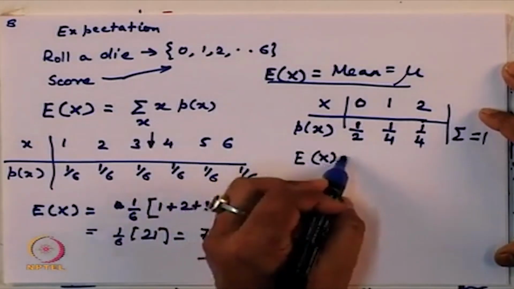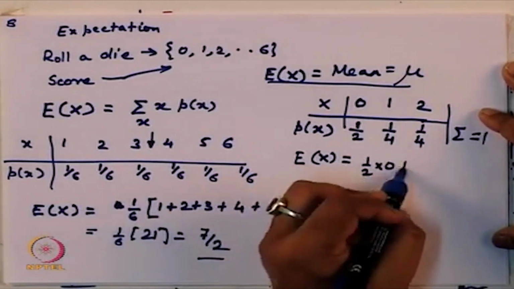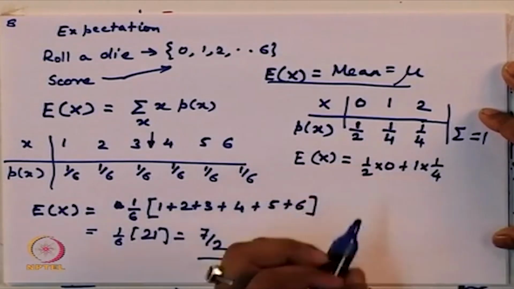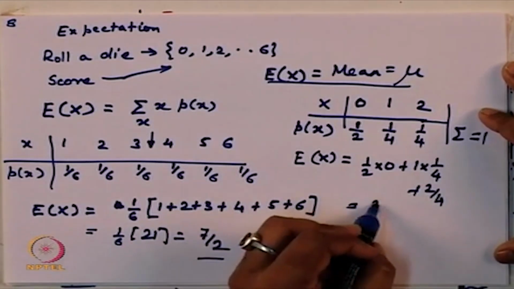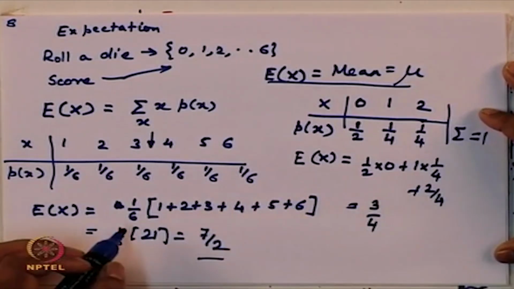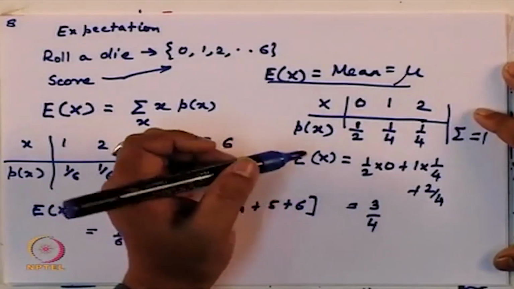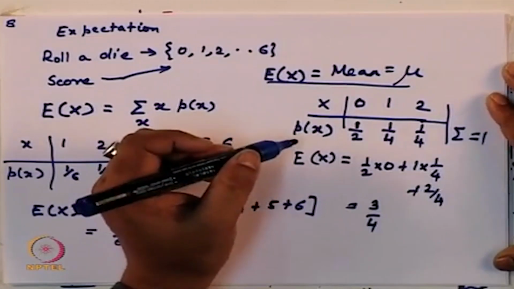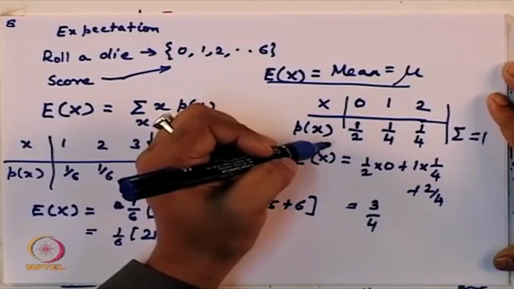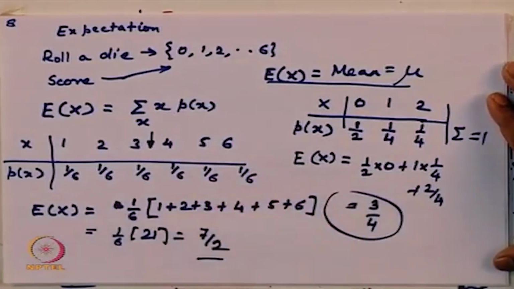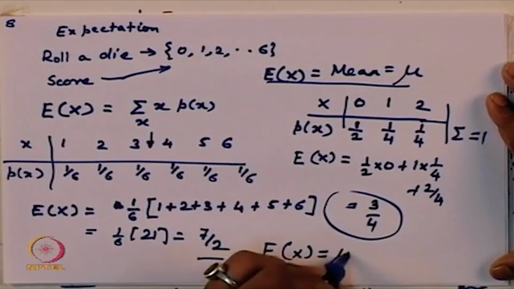E of x will give you a value of half into 0 plus 1 into 1/4 plus 2 into 1/4, which is 3 by 4. If you take these as your weights, your weighted average of these is nothing but this value itself. So, expectation always gives you the value of mean.